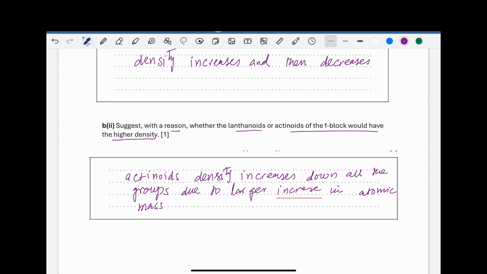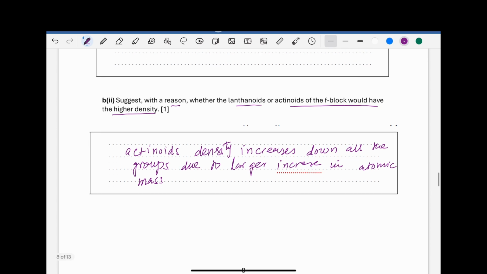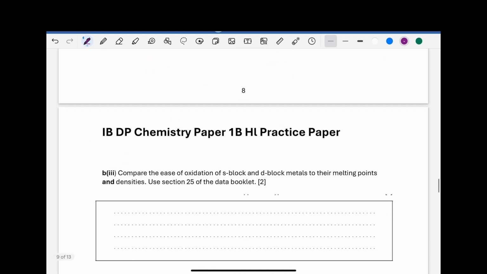Or we can say actinides, because they have a greater atomic mass with a similar type of bonding. So both have similar types of bonding, but their atomic mass is greater.